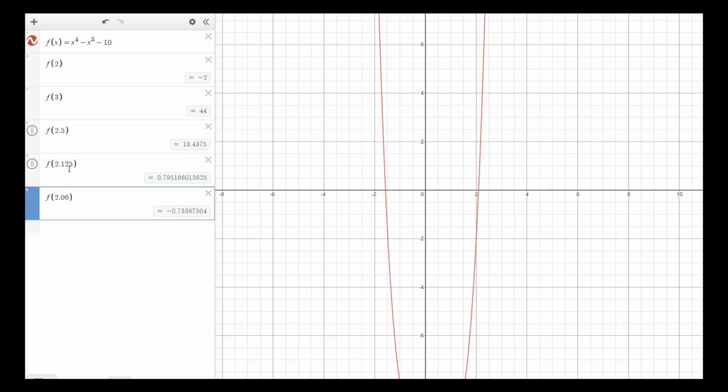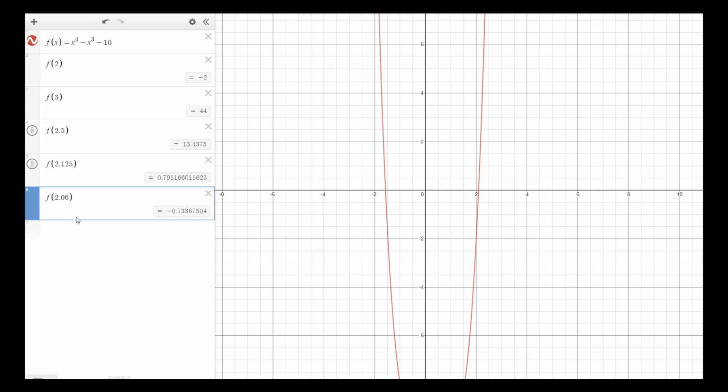And you can see when we take our function evaluated at 2.06, we get a negative value back that's even closer to 0 than what 2 was, because 2 gave us negative 2 back, whereas this one gave us negative 0.73 back. So this is the negative that's closest to 0, and this is the positive that's closest. So now I'm in between the interval of 2.12 and 2.06.